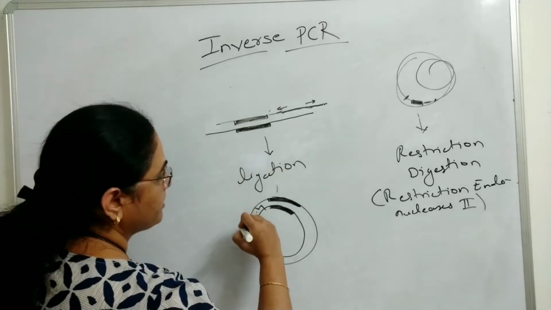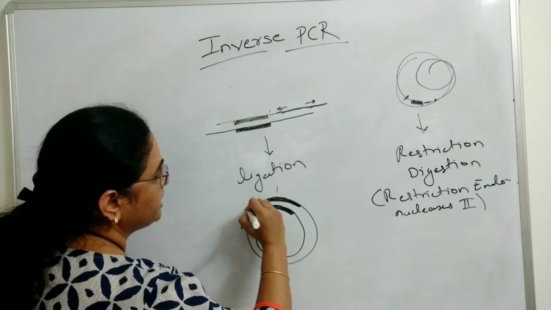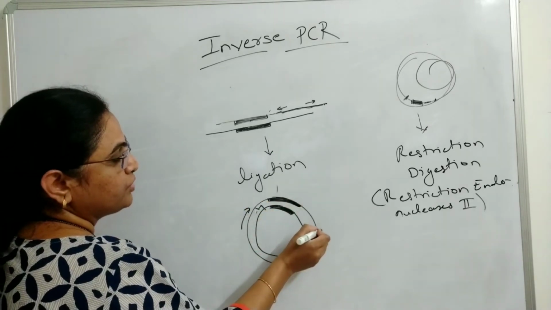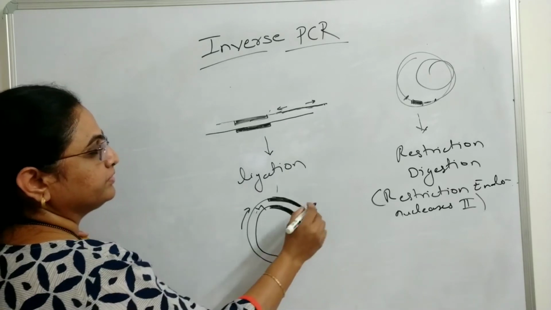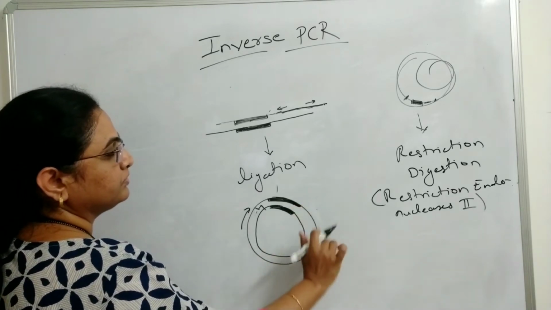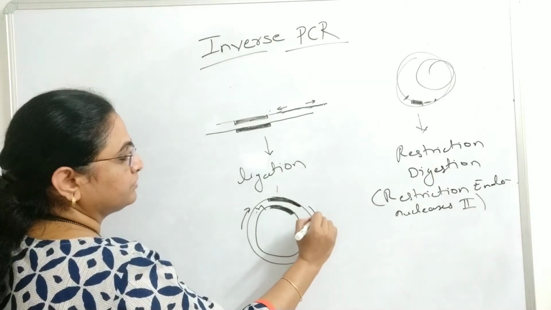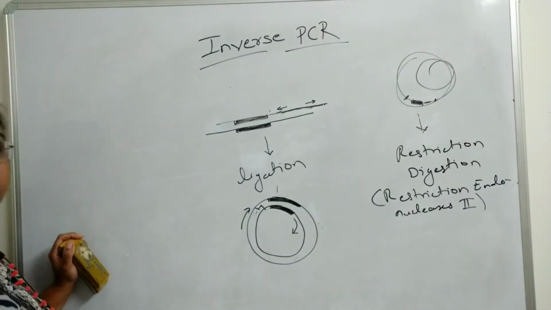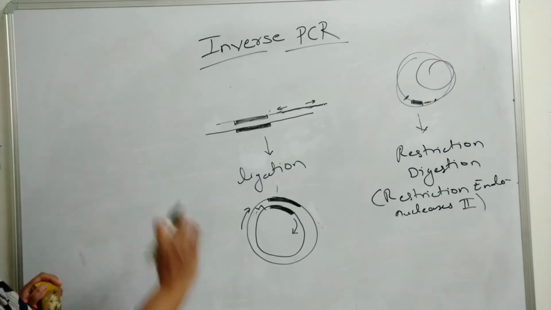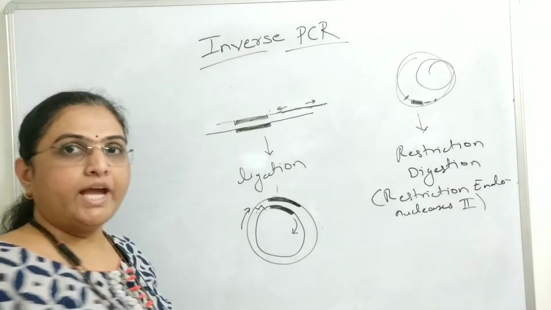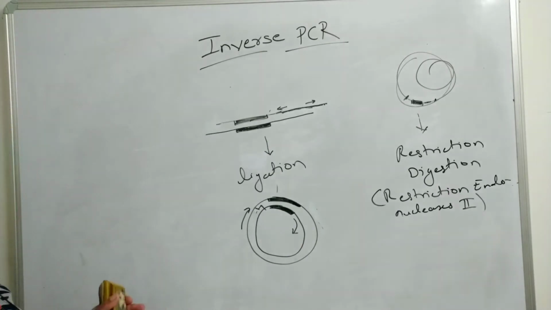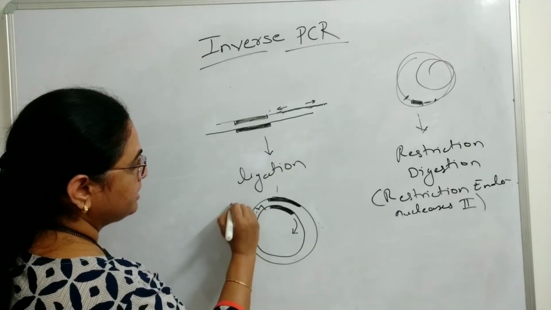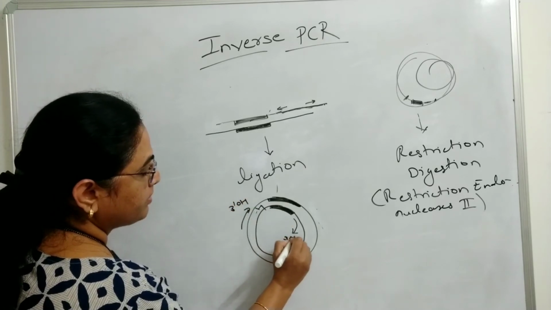So one primer will be in this direction, and the second primer is going to be in this direction. So there is the use of two primers, and the two primers are going to face in opposite directions. Here it is a 3' OH, and here it is a 3' OH.